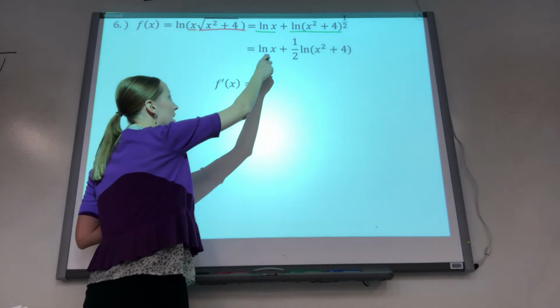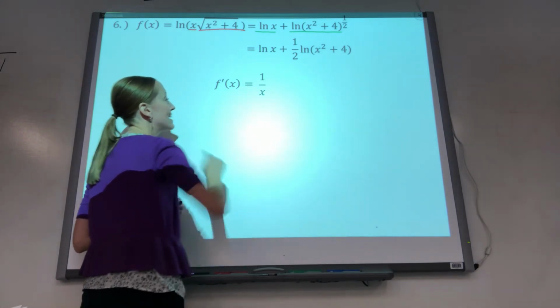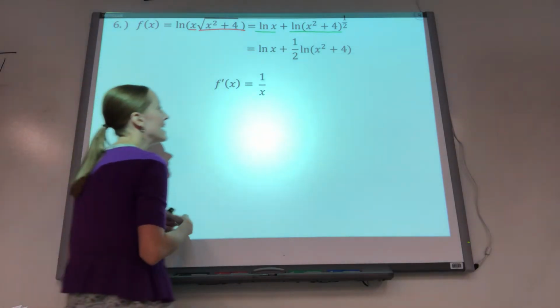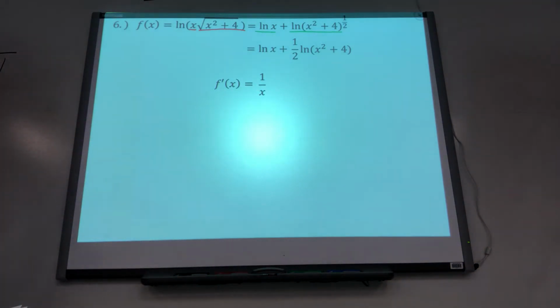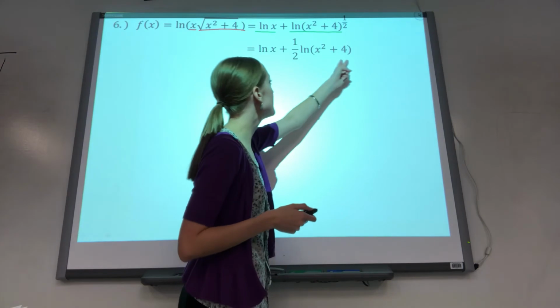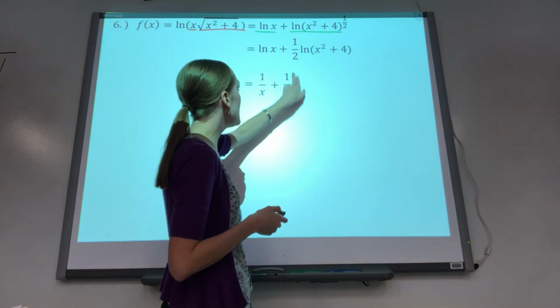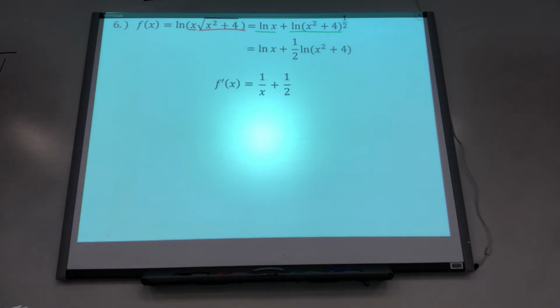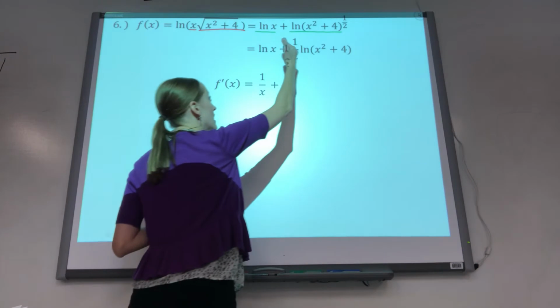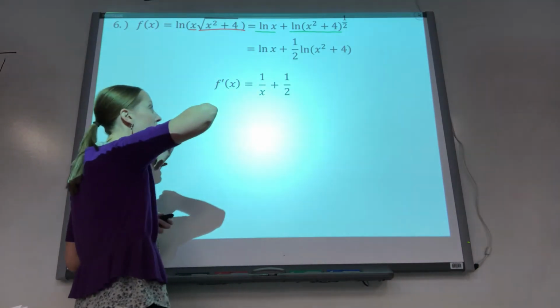So derivative, again, for the natural log of x is going to be just 1 over x. And coming back here to the second part, leave the 1/2 out front. We called that the multiple rule a long time ago. Anytime there's a number in front of your function, leave it there.